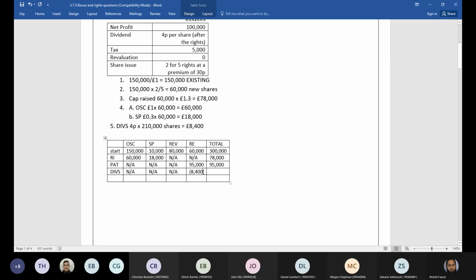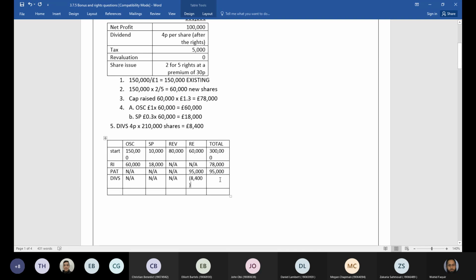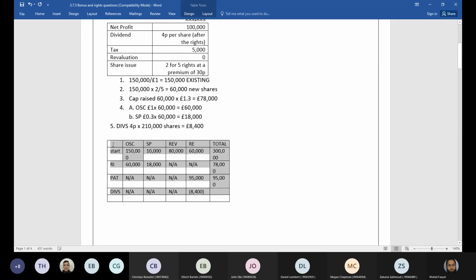And add that figure across. Son of a gun, I'm going to make these a bit smaller, 9.